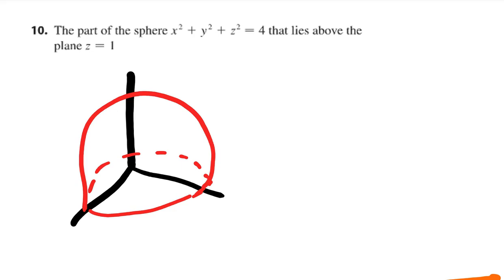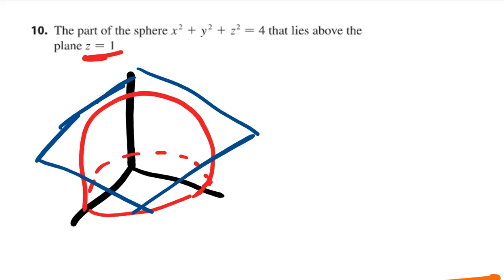The top half, because it doesn't matter, it's just the part of the sphere above the plane z equals 1. The plane z equals 1 is the plane that's parallel to the xy plane, up 1 in the z direction. So it's just going to be the intersection of those two, like this.